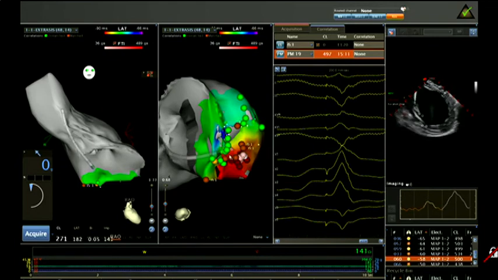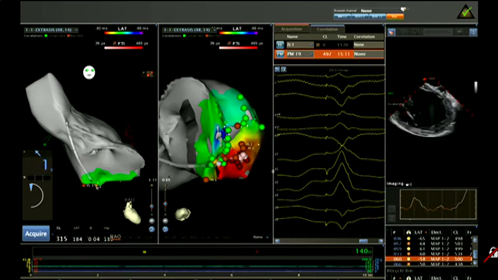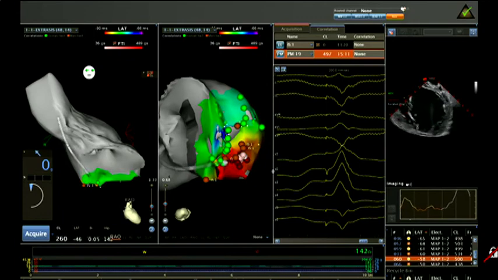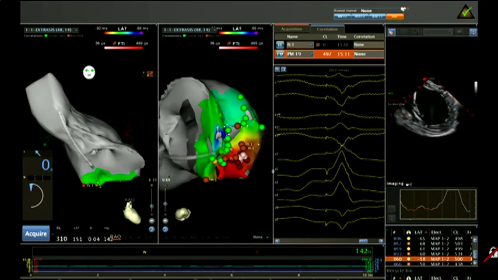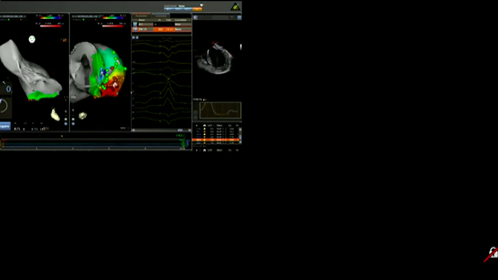We are at the base of the papillary muscle, where we can see the Purkinje potentials in this area. And this was eliminated following the initial ablation. I will try to find the electrogram that described that image, but you can see on the screen this type of potentials in sinus mode. Yes, here is the CARTO. Yeah, you can see them here early.